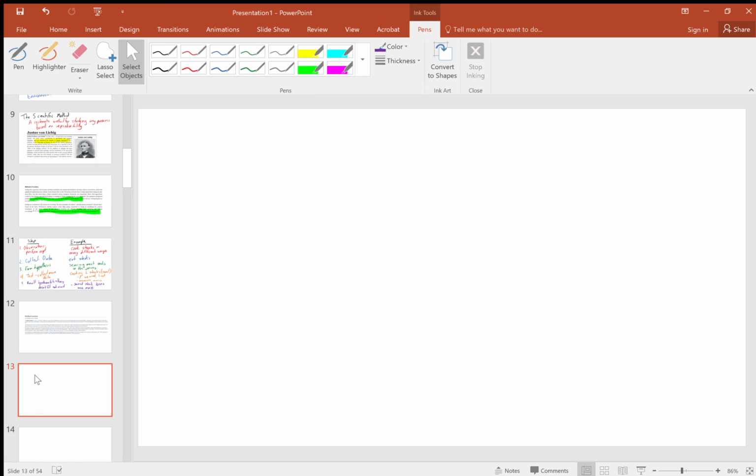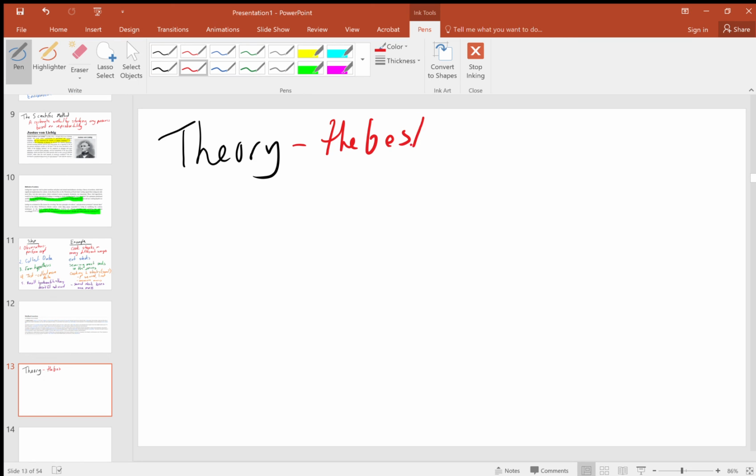So finally, with this section, we need to talk about this term theory. Because this term theory is unfortunately one of the most abused terms in probably all the English language. We often hear, when people are trying to downplay something, that's just a theory.